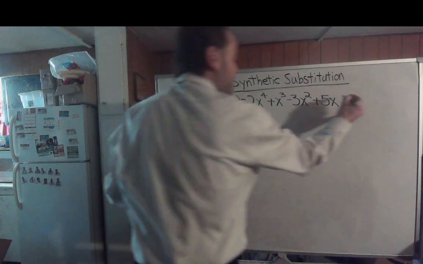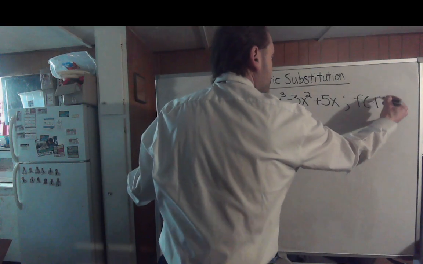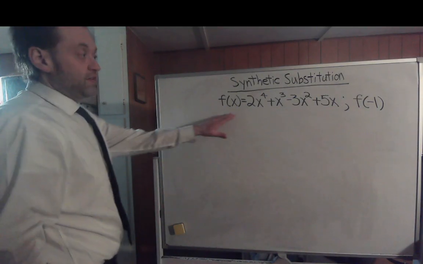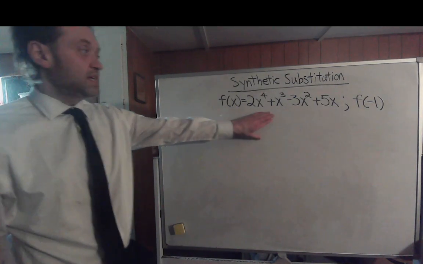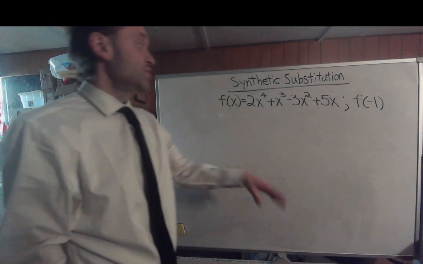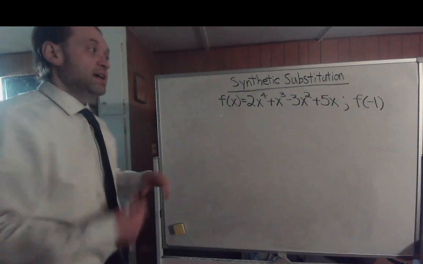And you're going to evaluate this when x is -1, so we're going to evaluate f of -1. They want you to find the value of the function when x equals -1, so we'll take f of -1.